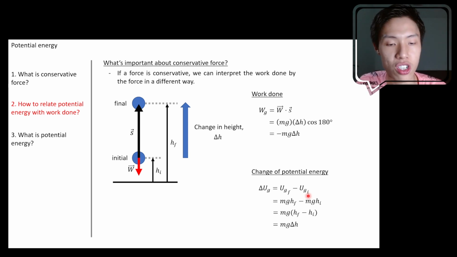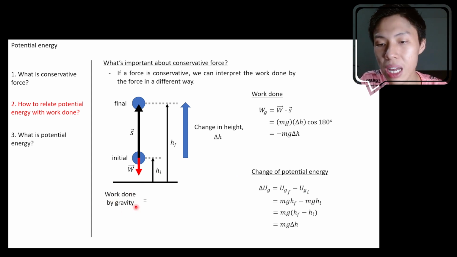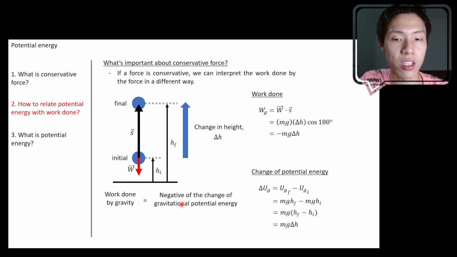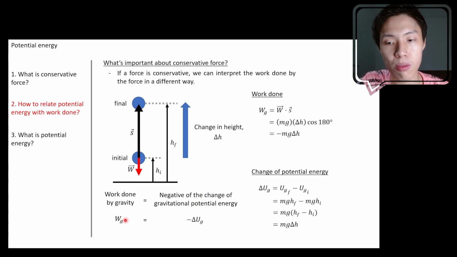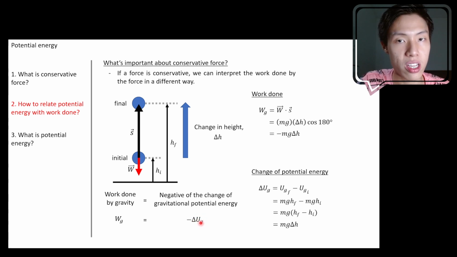And what's the relationship? The work done by gravity is equal to the negative of the change of gravitational potential energy. So this is an important relationship because now we can re-express it like this: work done by gravity, W subscript G, is equal to negative delta U subscript G, the negative of the change of gravitational potential energy.